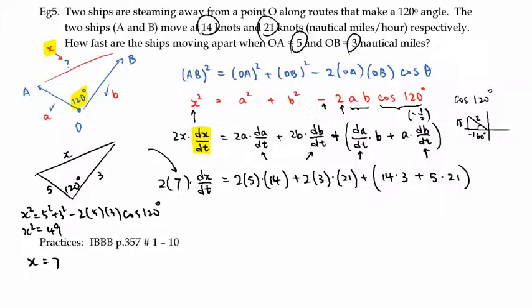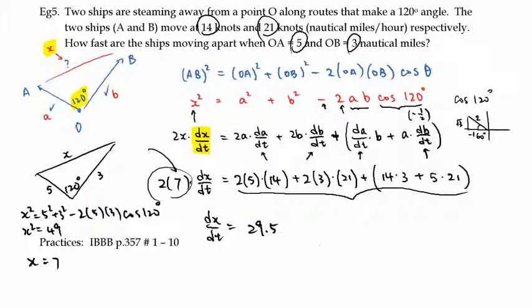So with 7 on this side, I can now solve for dx/dt by dividing this whole thing by 2 times 7. In this case, we will end up with the speed of how these two ships are moving apart.